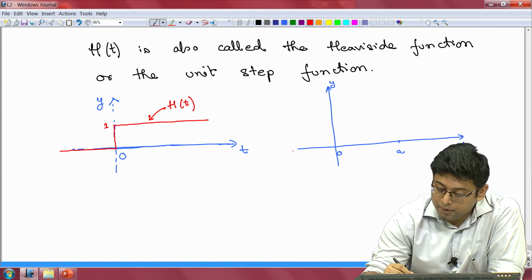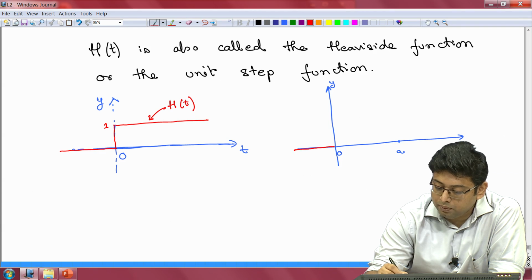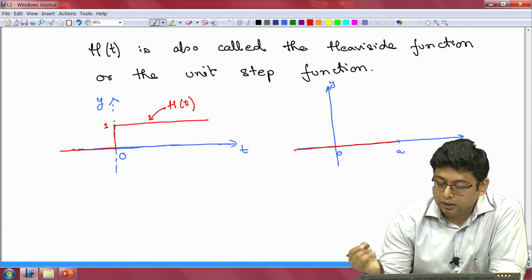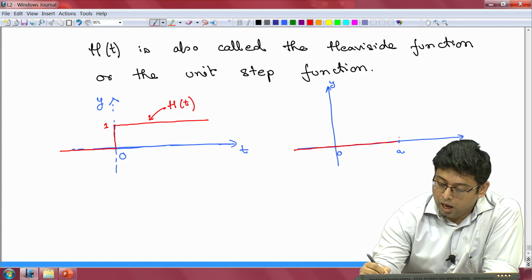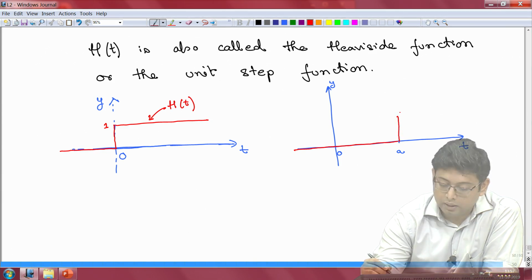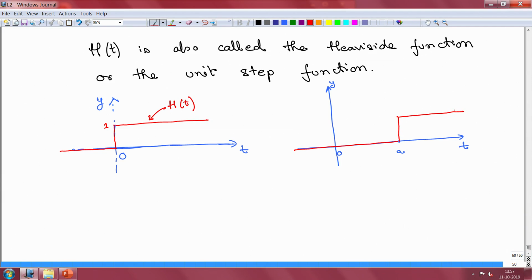When you have h(t minus a), this function remains at a value of 0 till t takes on a, and exactly at this point it jumps up to 1 on the y axis. So, this is your h(t minus a). So, you can see why this is called the unit step function, and it is also called the Heaviside function in memory of the scientist Heaviside.